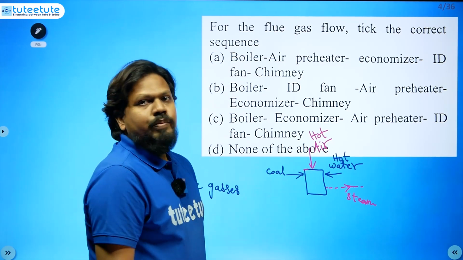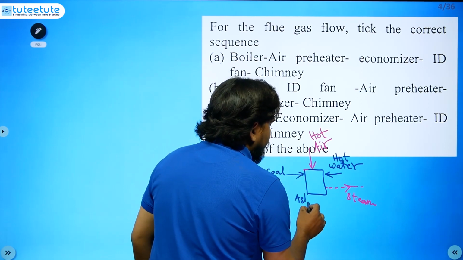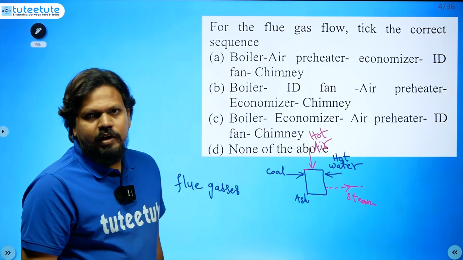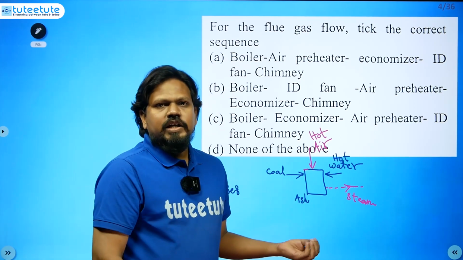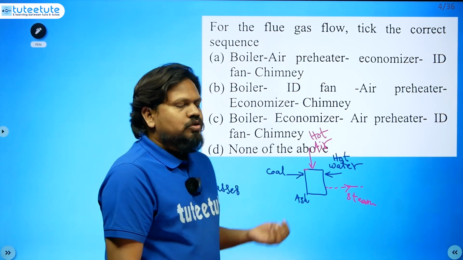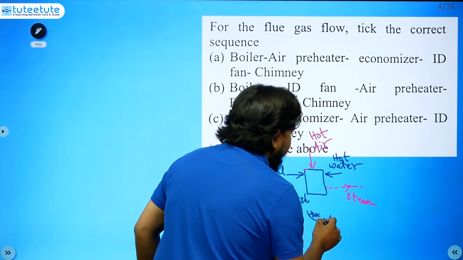whenever combustion happens, definitely some ash will be coming. Yes or no? Ash will be coming, right? Some of the ash will have more weight, some will have less weight. Whichever has more weight is called bottom ash.